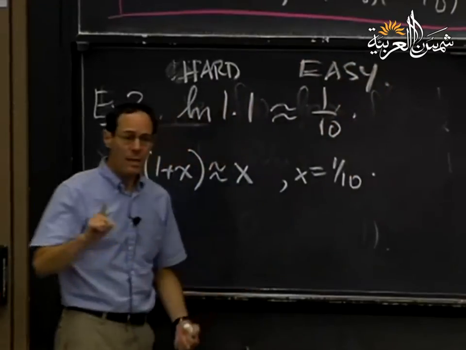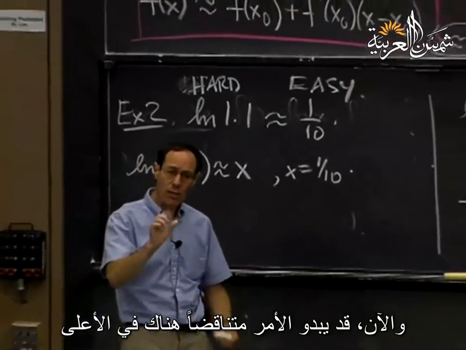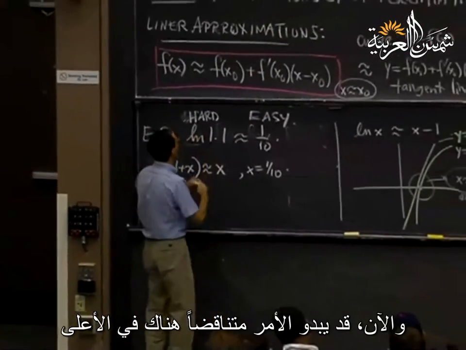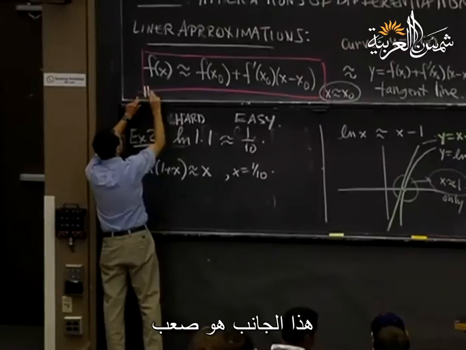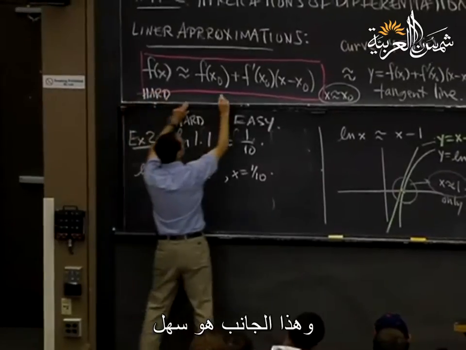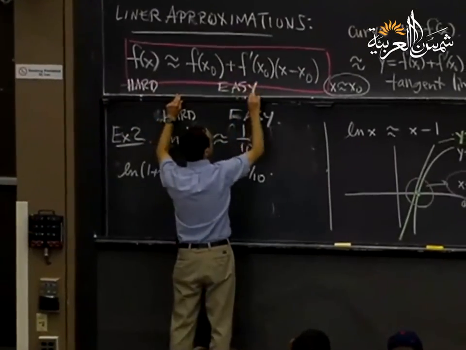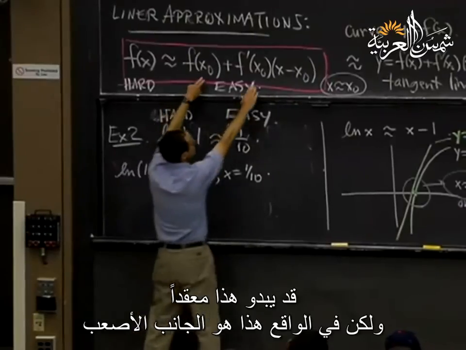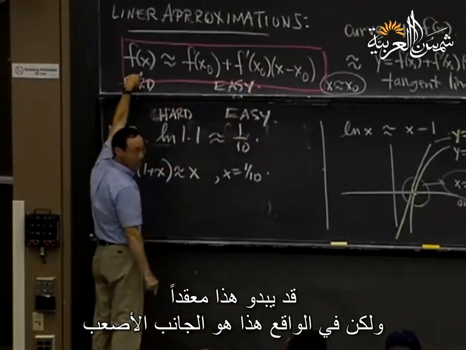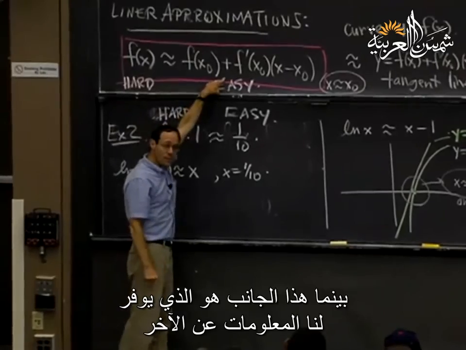Now, that may look contradictory, but I want to just do it right above as well. This is hard, and this is easy. This looks uglier, but actually this is the hard one. And this is giving us information about it.